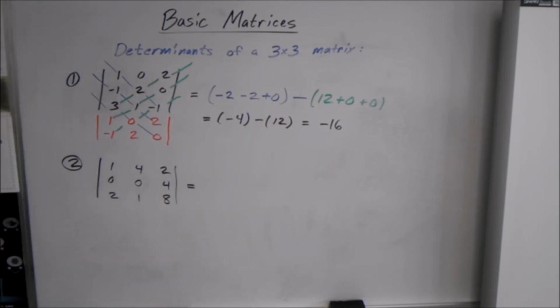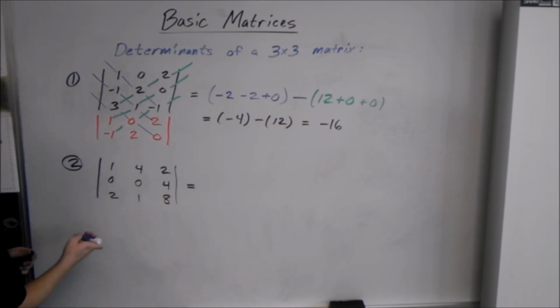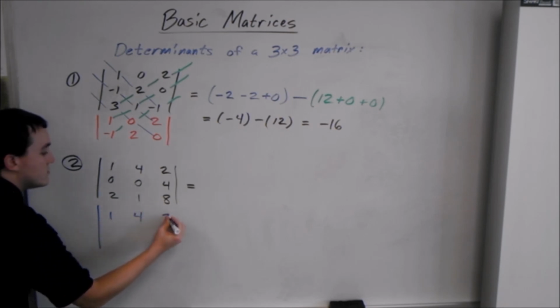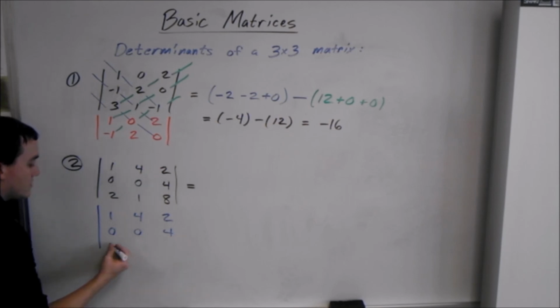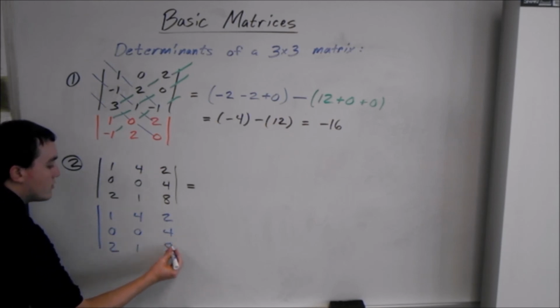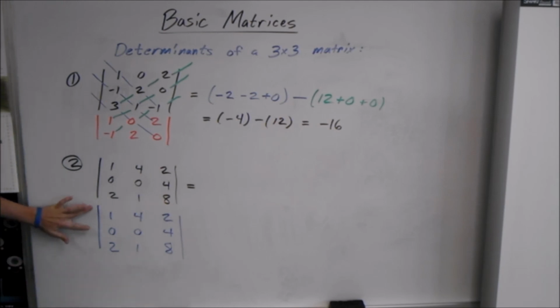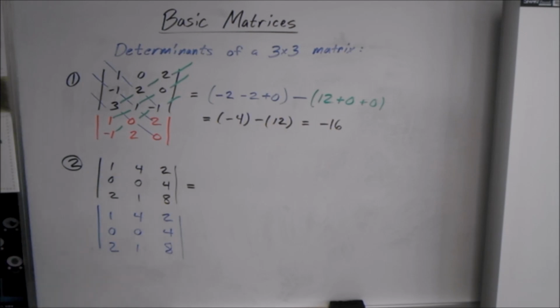Alright, and the last one, we'll go ahead and copy the matrix under itself. 0, 0, 4, and 2, 1, 8. But remember what I said, you really only need the first 2 lines. So, go ahead and do it.